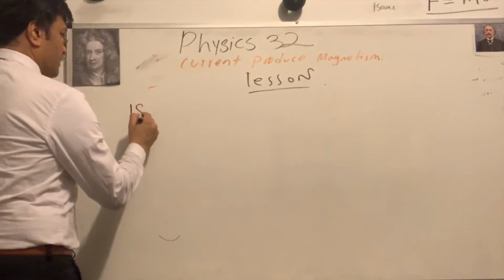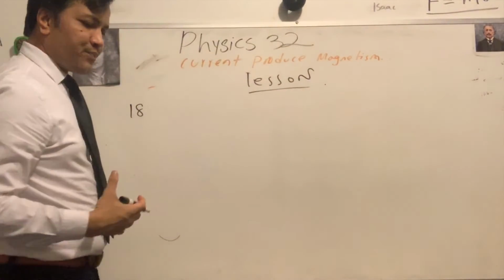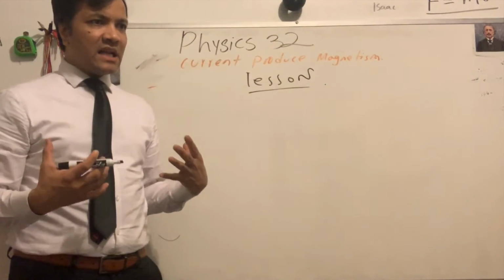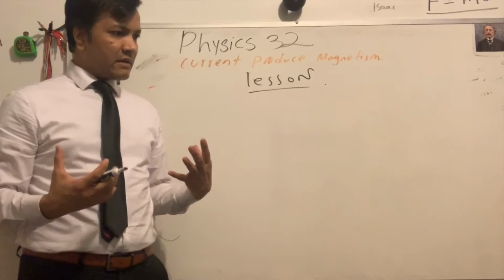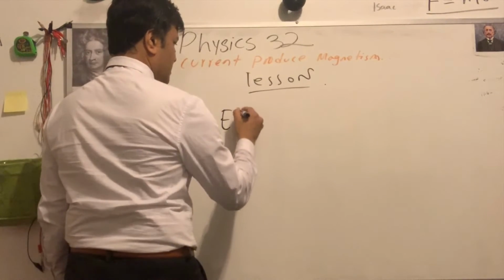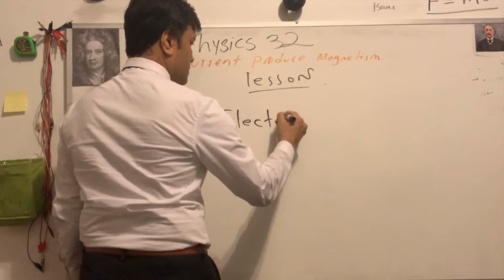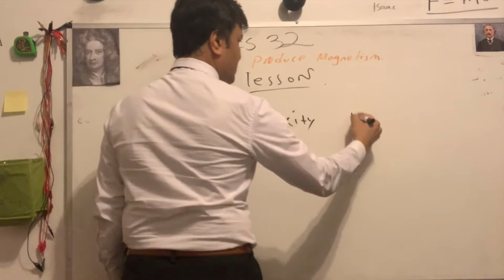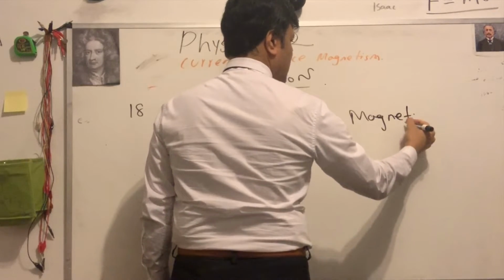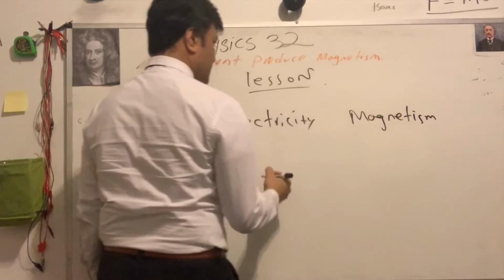Something happened in 1820. Before Oersted, before 1820, people thought that electricity and magnetism were two separate forces.